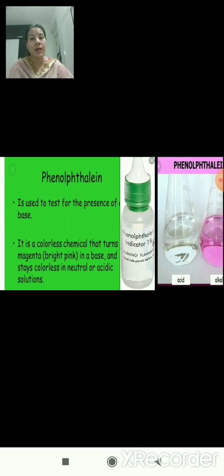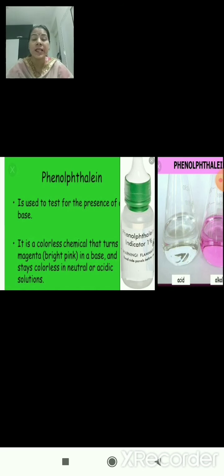Now we will discuss one more new type of indicator which is called phenolphthalein. So now let us begin with this new type of indicator.